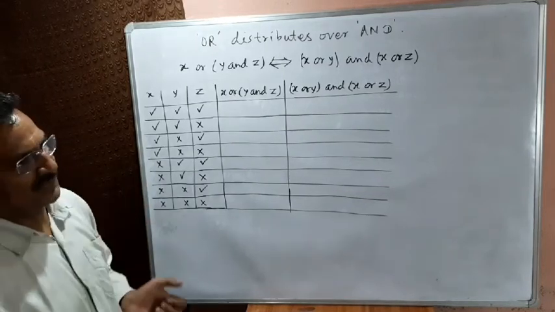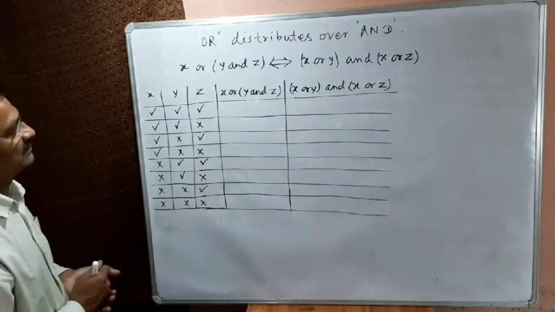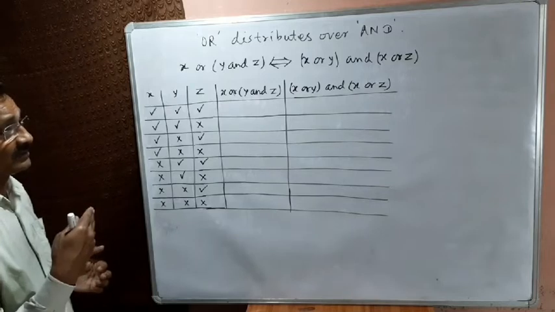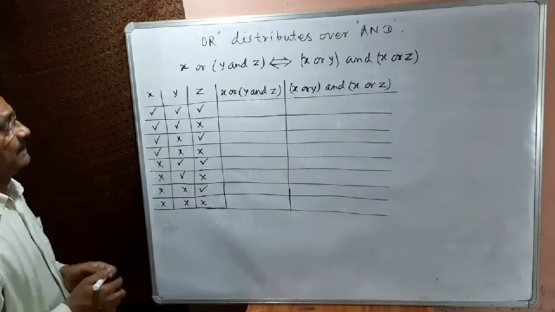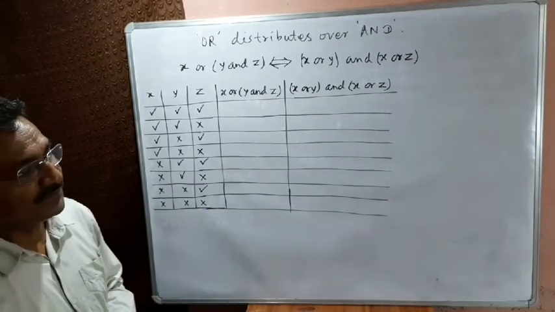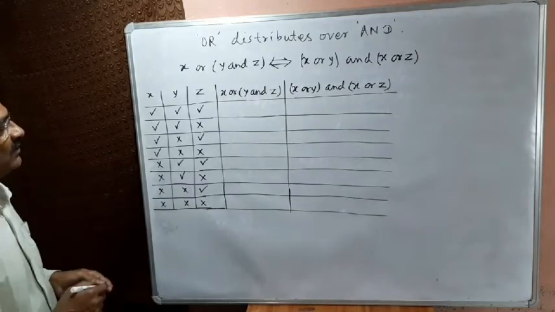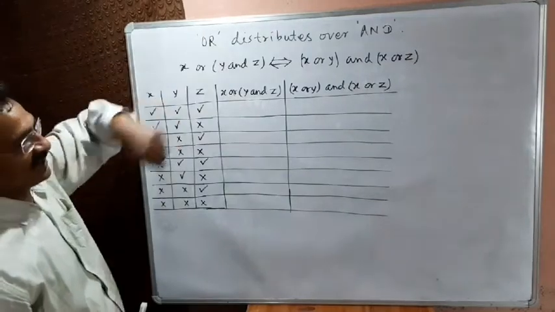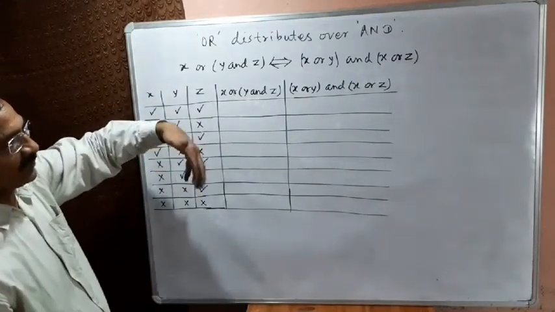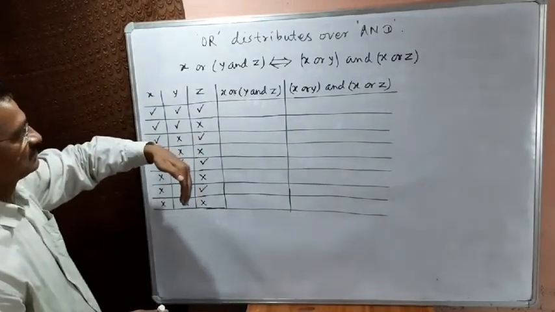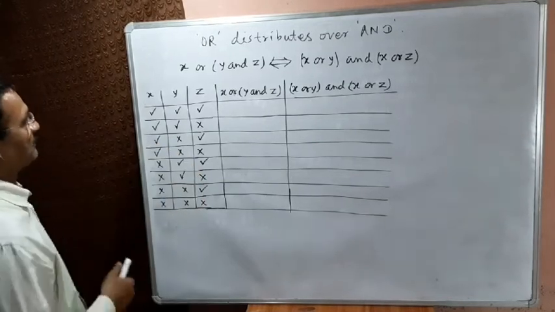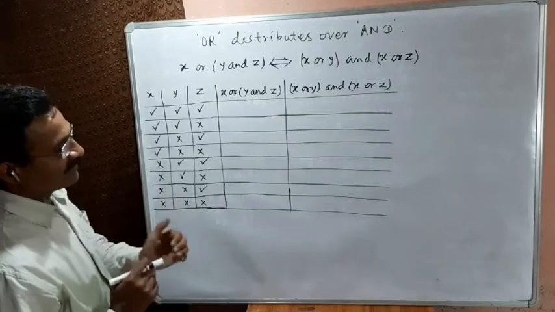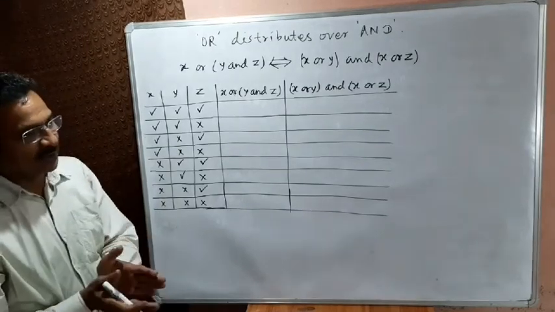Now take situations. How will we understand whether this distributive property is true or not? We will have 8 different situations. First of all, try to understand this. We have 3 things, X, Y, Z. 3 phenomena, whatever you call them, 3 persons, 3 matters. Every matter can happen in 2 different ways. Either it will happen or it will not happen.